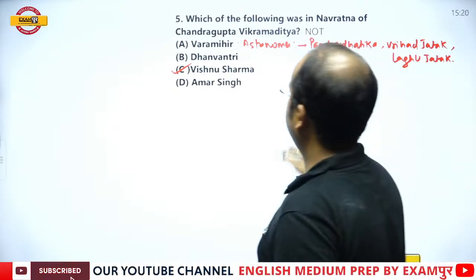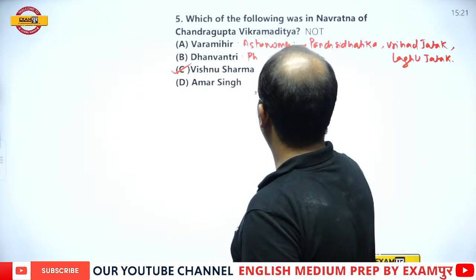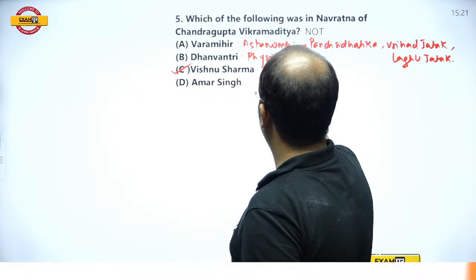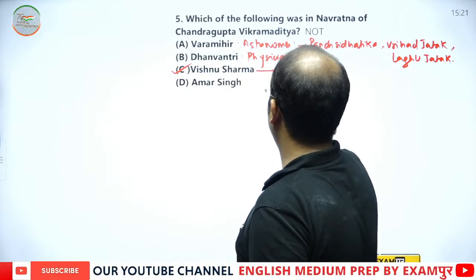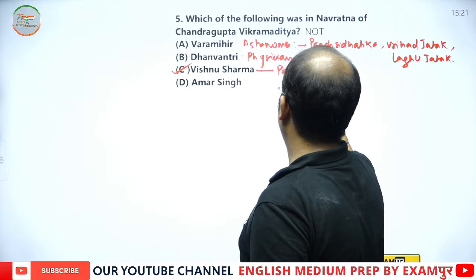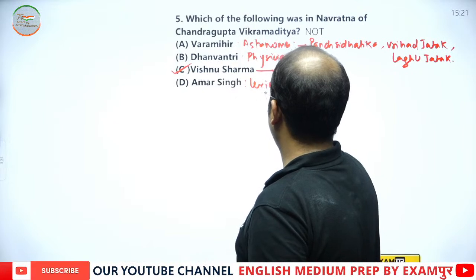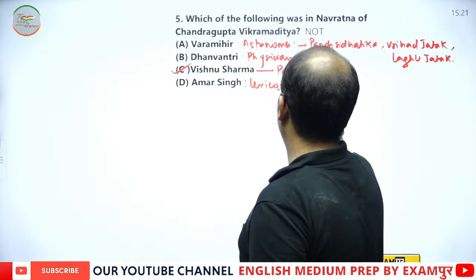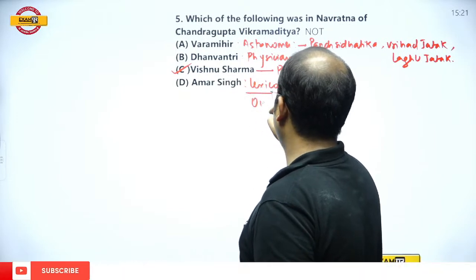Then Dhanvantari was a physician. Vishnu Sharma wrote the Panchatantra. And Amar Singh was a lexicographer, and lexicographer means one who compiles a dictionary.